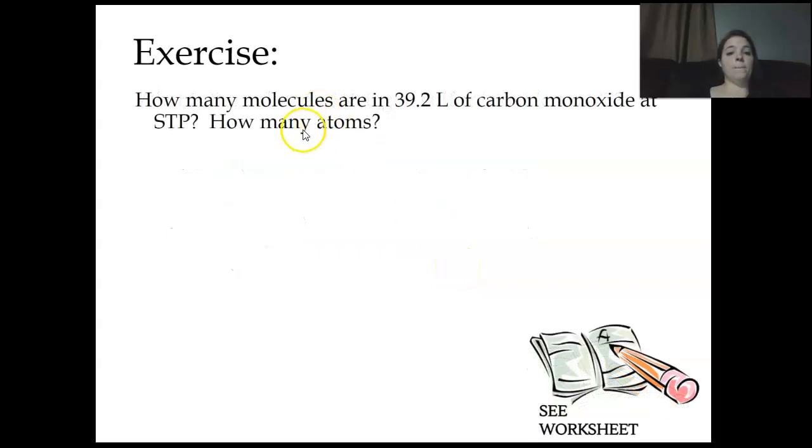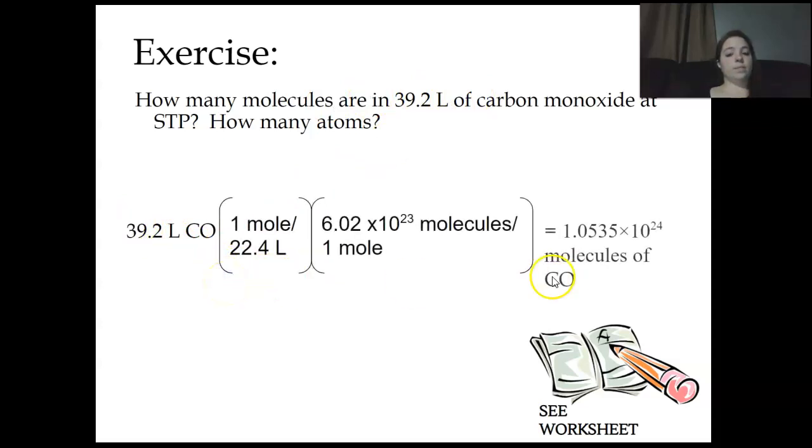All right. Molecules of liters. I'm starting with liters. Liters into 22.4. I think that is 0.5, 0.25, or 0.75. Should give you this 10.5 times 10 to the 24th.